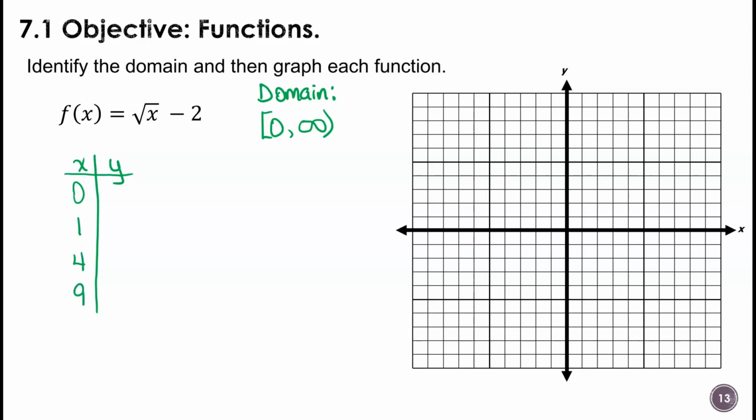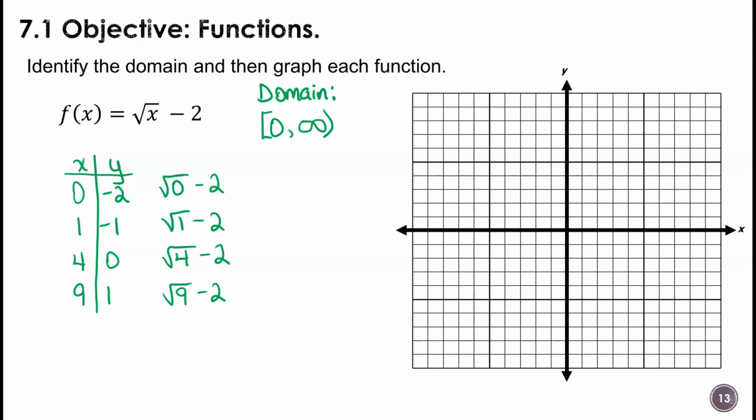If we take the square root of 0 and then subtract 2, we get negative 2. The square root of 1 minus 2 is 1 minus 2, so negative 1. The square root of 4 is 2, and 2 minus 2 is 0. The square root of 9 minus 2 is 3 minus 2, which is 1.